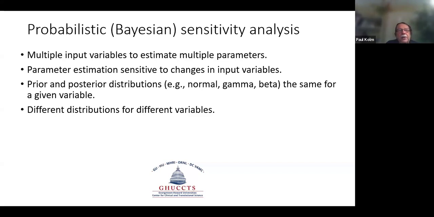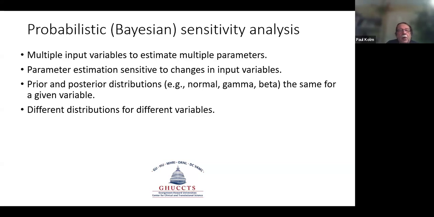And because parameter estimation is sensitive to change in input variables, the Bayesian sensitivity analysis gives us a probability of the distribution of our outcome.